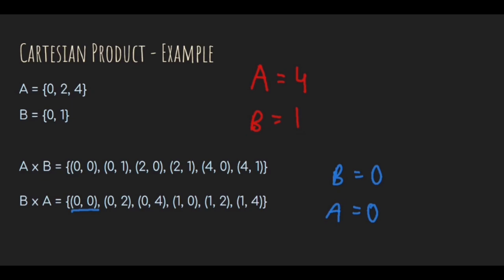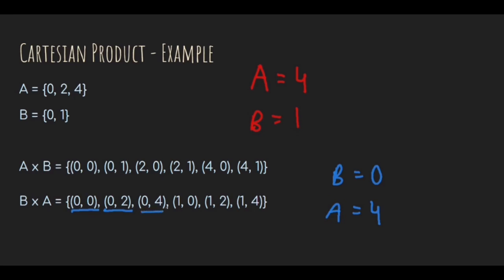And now we're already going to see that this is going to look a little different. We're going from B to A. So now our A is 2. So we're going from 0 to 2. And so 0, 2. And now our A is changing to 4. So we're going from 0 to 4. Over here we have 0, 4.